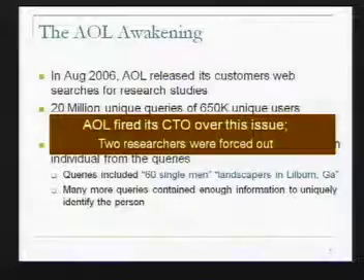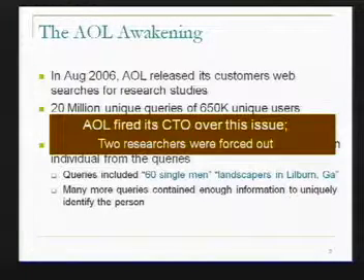What happened after that? It was an unfortunate incident, but it also created a lot of awareness about web search privacy, and AOL fired the CTO because of this issue, and 2 researchers were forced out because of this problem.